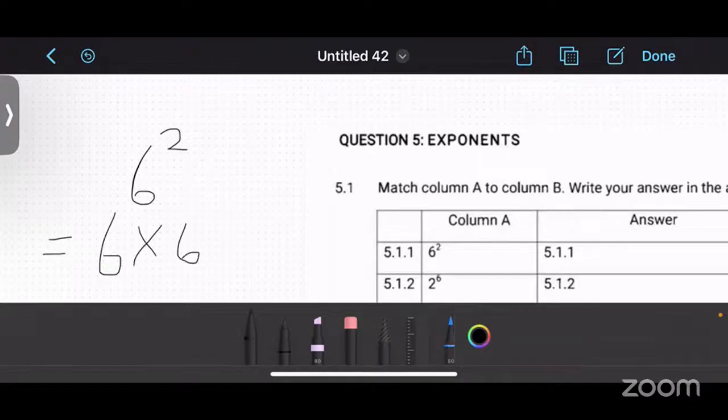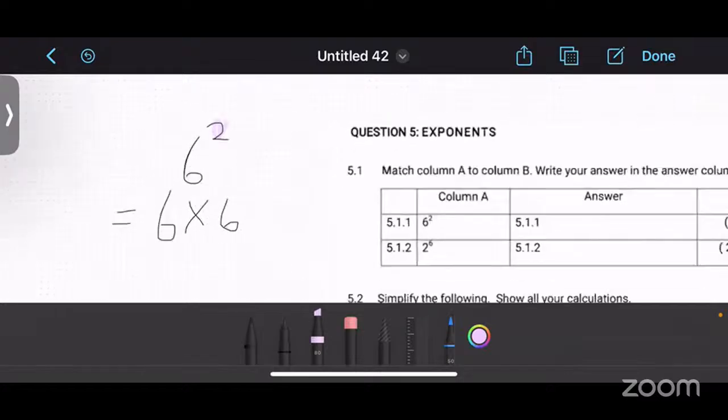So anything to the power of whatever number, let's say maybe to the power of 3, it simply means that number is multiplying itself 3 times. Okay. So in this case, we have a power which is 2. So it's 6 to the power of 2. That means 6 is multiplying itself 2 times. Okay. So it's 6 multiplied by 6. It's 2 sixes multiplying together, right?